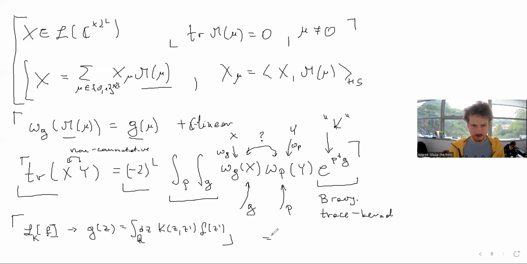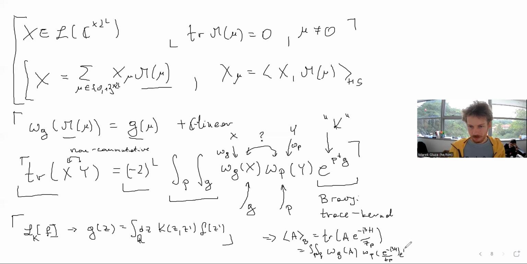And just to give you an example, if I want to compute an expectation value in some thermal state, then I would have the trace of a e to the minus beta some Hamiltonian h divided by its normalization, the partition function Z. And I could evaluate this by this integral over p, g, omega into g of a, and then omega into p of e to the minus beta h divided by Z beta.